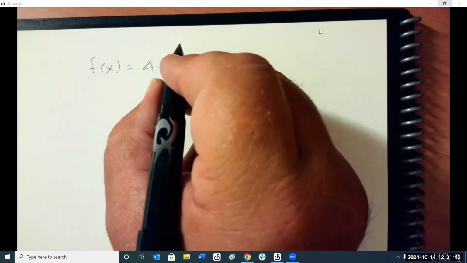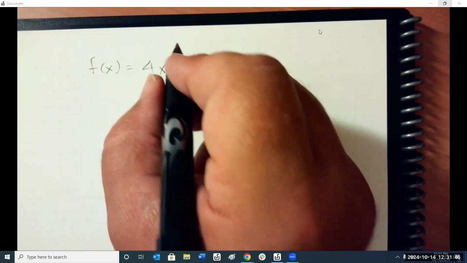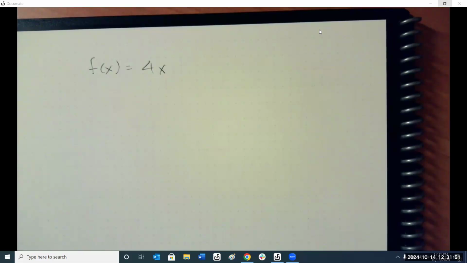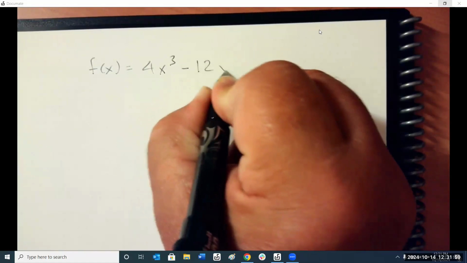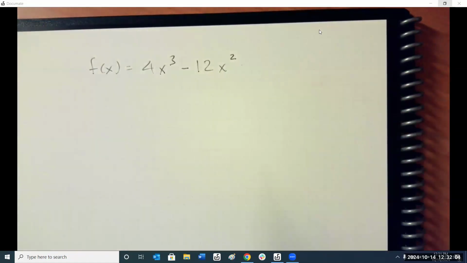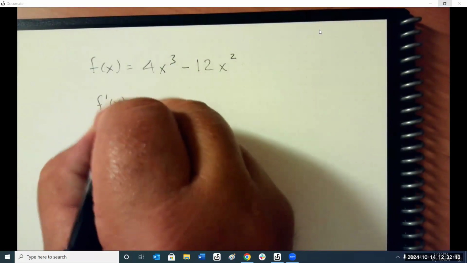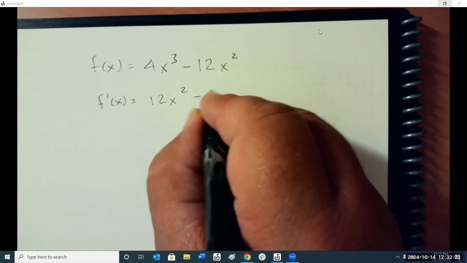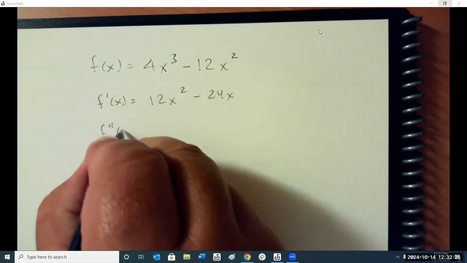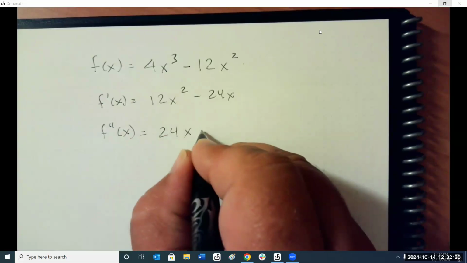Okay, we're going to use that function. Let's find the first derivative. So it's 4x cubed minus 12x squared, and the second derivative is 12x squared minus 24x, and then 24x minus 24.